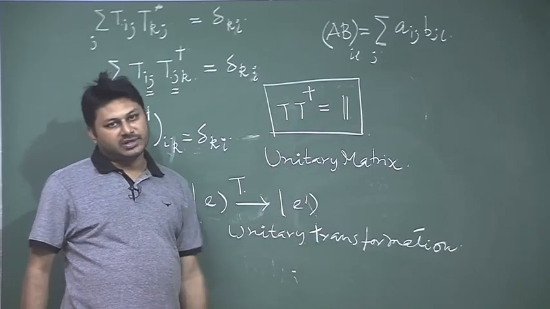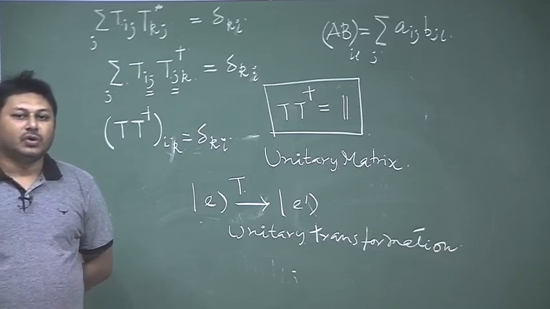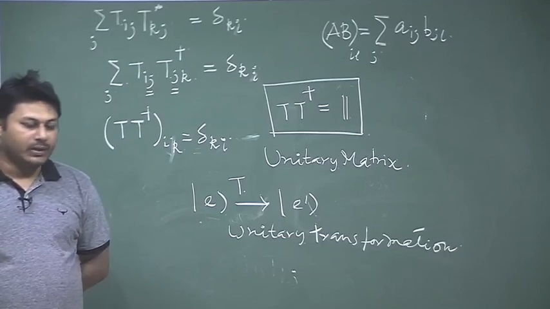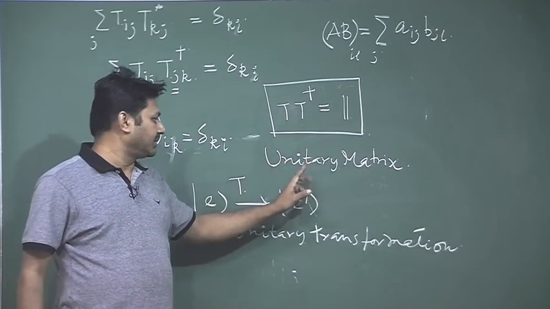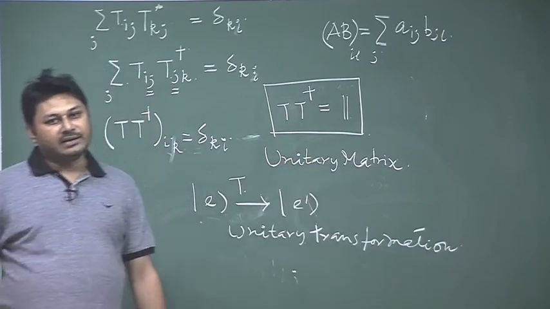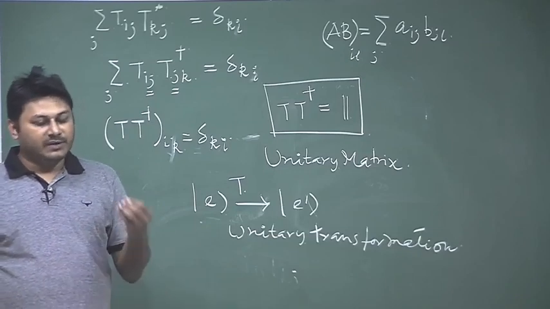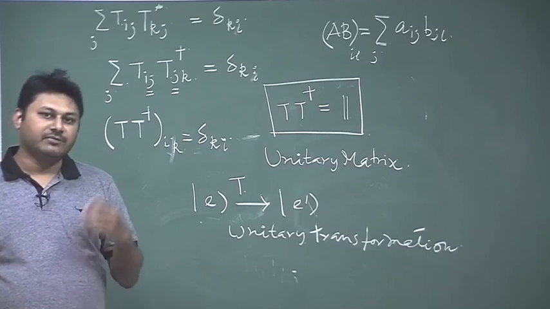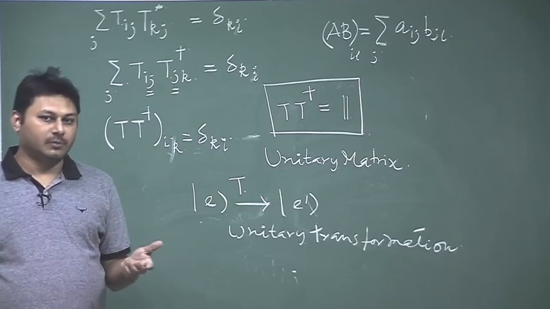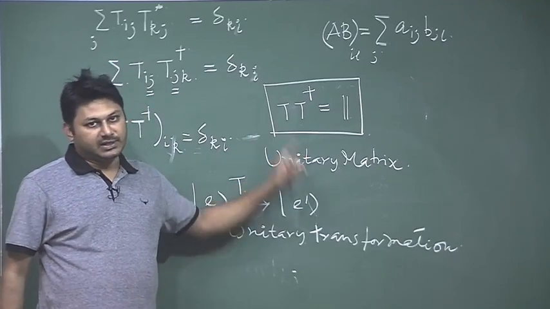This is called the unitary transformation. So the takeaway lesson is, for unitary transformation the matrix T is related to this equation, which is a unitary matrix. Under that condition, if I transform one basis to another basis, and my first basis is an orthonormal basis, my final basis will also be an orthonormal basis, the only condition being that my T matrix should be unitary in nature.